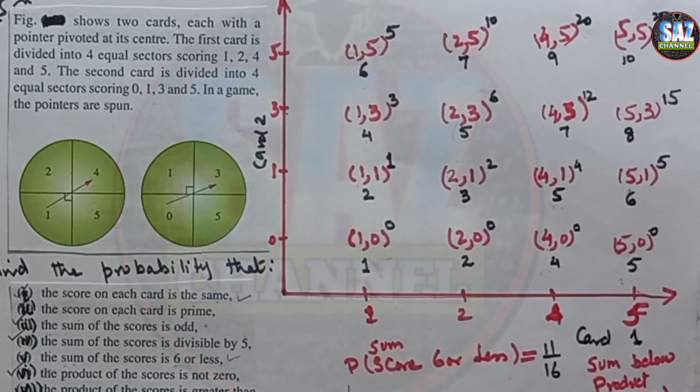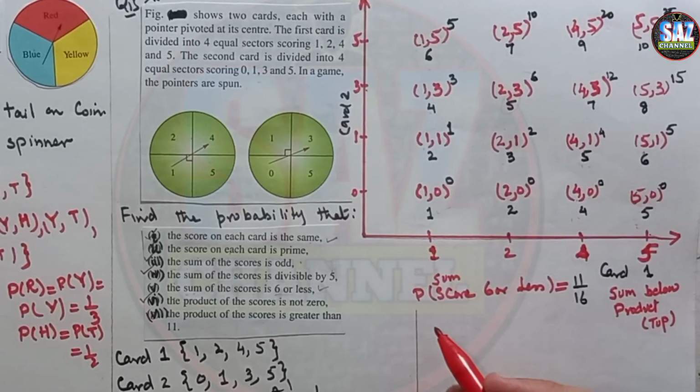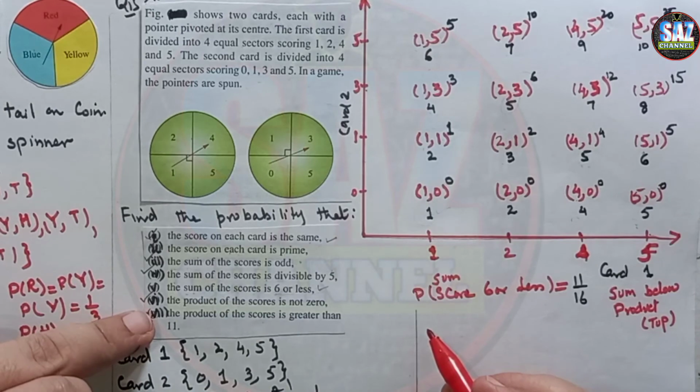Now the product of the scores is not 0. Probability, product of the scores not 0.